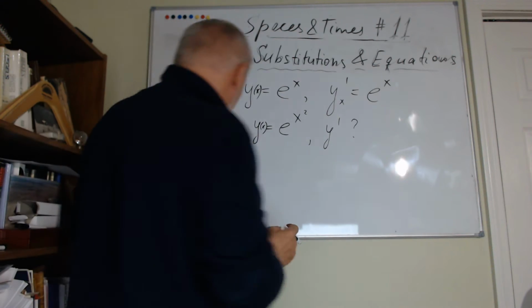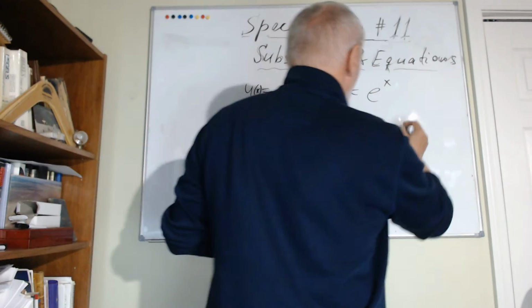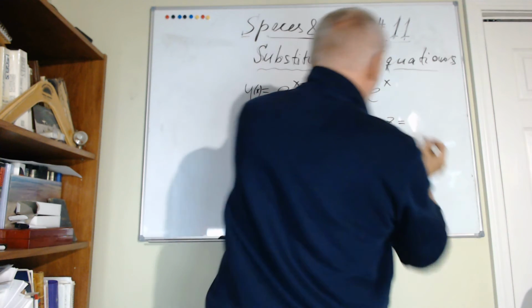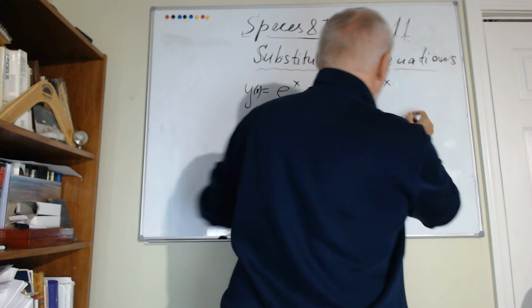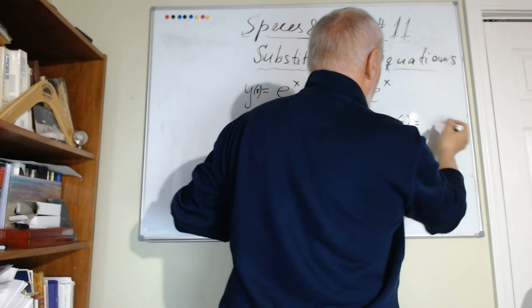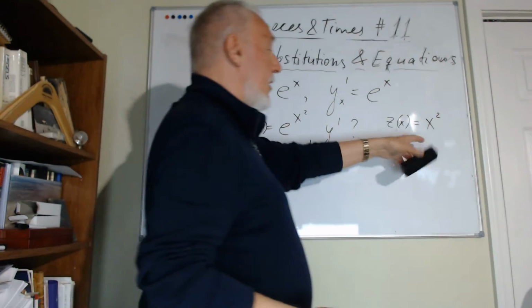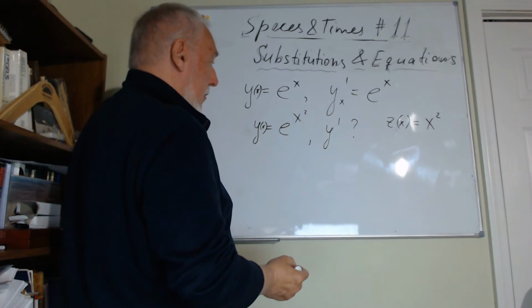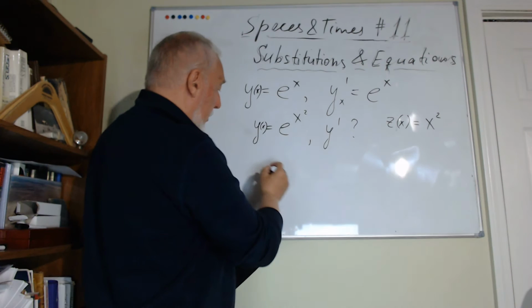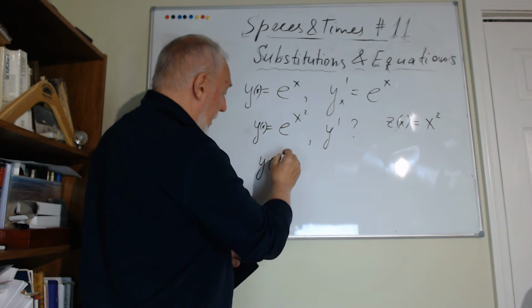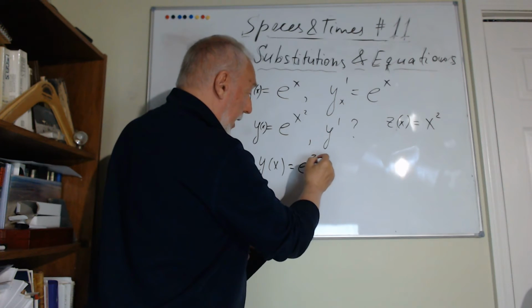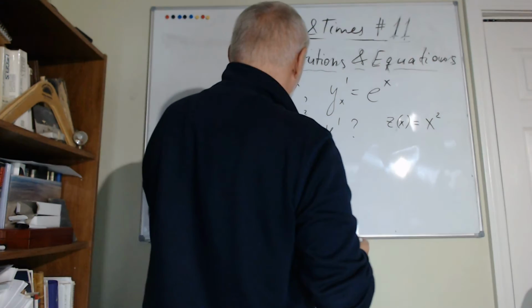So what do we do? First we do substitution. We invent another function like z, which is x squared. So we substitute x squared by z. When we substitute like this, the function will be e to the power of z.